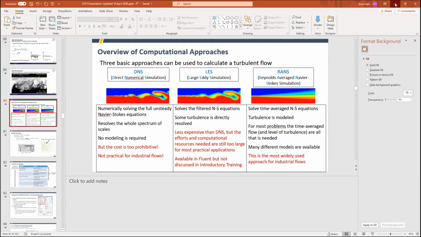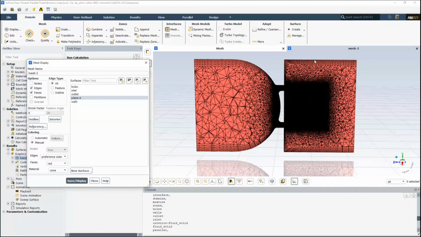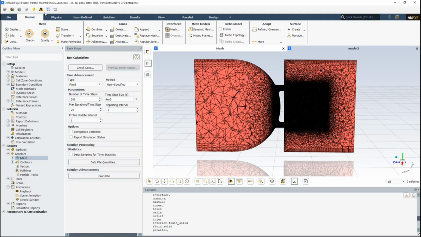Because at the walls, in reality, there is actually quite a lot of turbulence in the boundary layer, and we'll go through that in a moment. But instead of modeling that directly, we want to have a stress blend. So we have LES in the middle where it's important, and RANS models at the wall, a K omega at the wall. So that's why we have a really high mesh density in here.